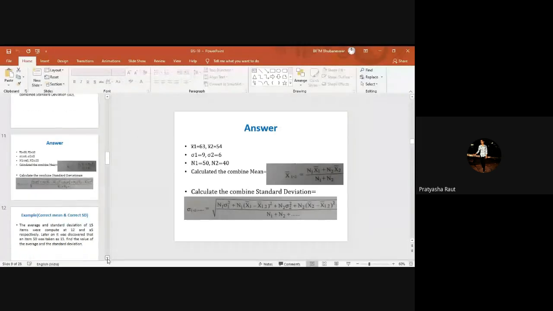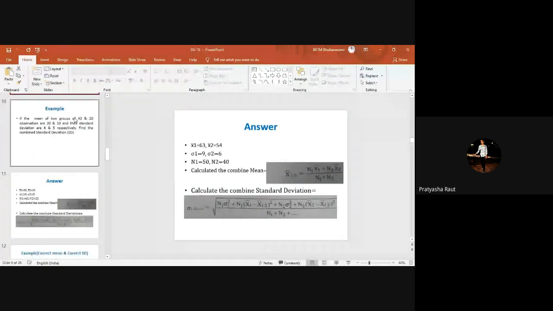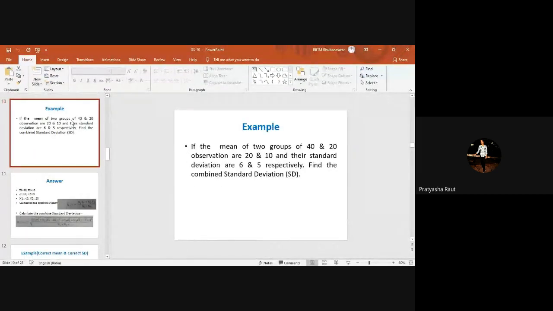So, moving to the next example. It is for your practice. Here is the example: if the means of two groups of 40 and 20 observations are 20 and 10, and their standard deviations are 6 and 5 respectively, find the combined standard deviation.